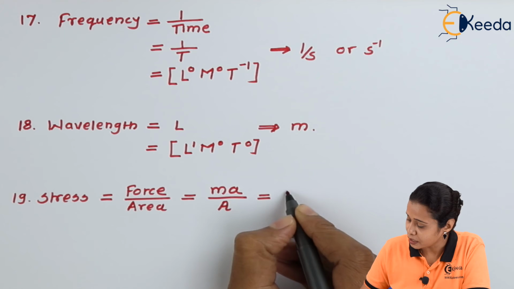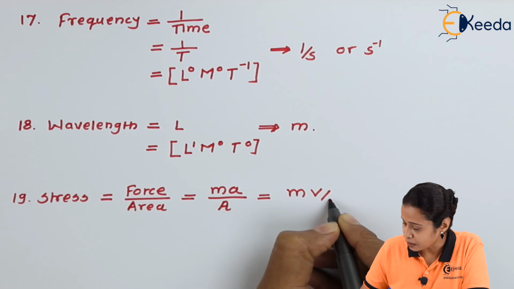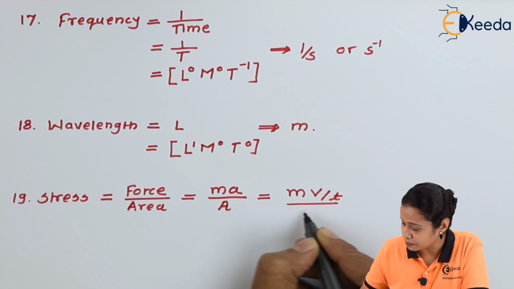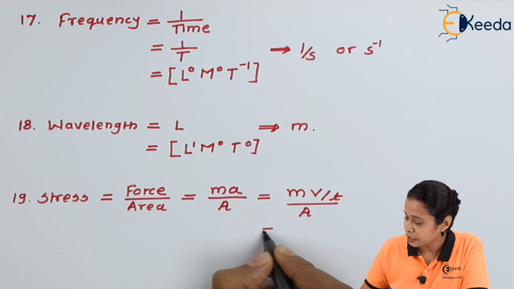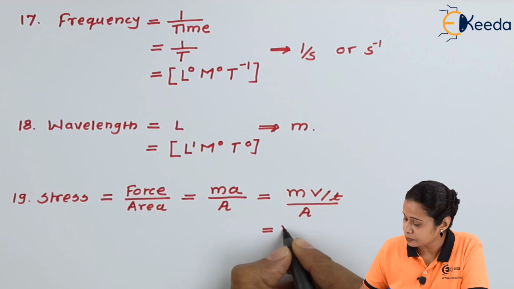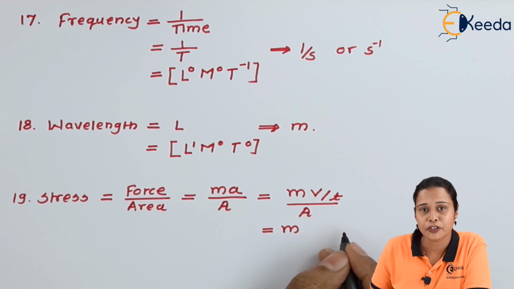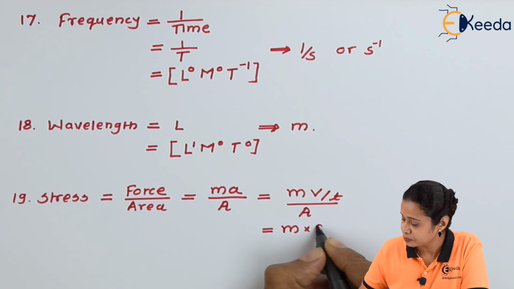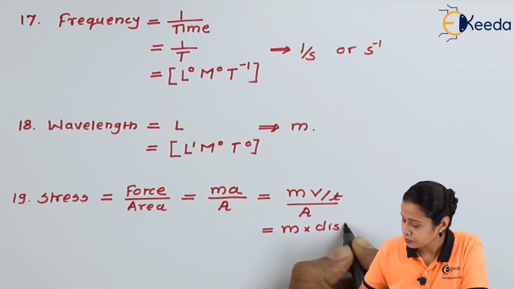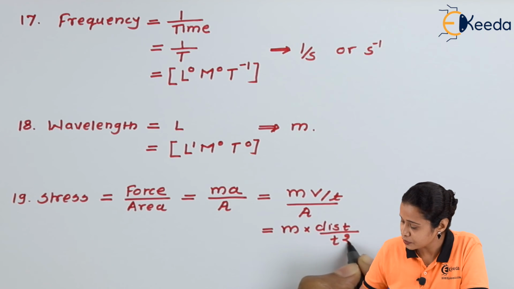So here we will write down M, velocity per unit time, upon area. Now here we will write down mass. Velocity can be expressed in terms of distance per unit time. So here we will write down distance per unit time. Time is also there, so T square upon area A.